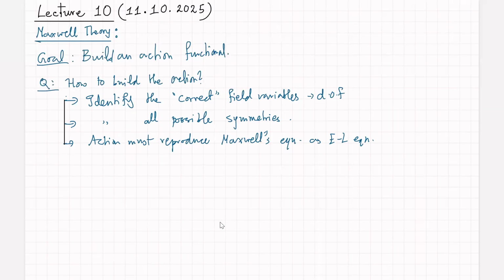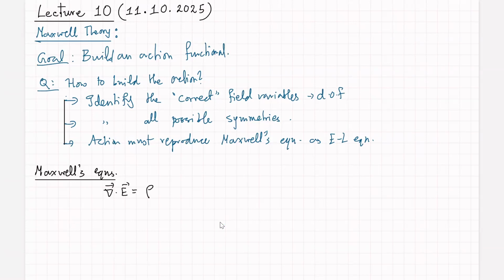Now, I hope that all of you have seen Maxwell's theory or Maxwell's equations in some form or the other. So let me just, for a brief 5 minutes, write it in the form where everyone has seen, at least in this form, I assume.